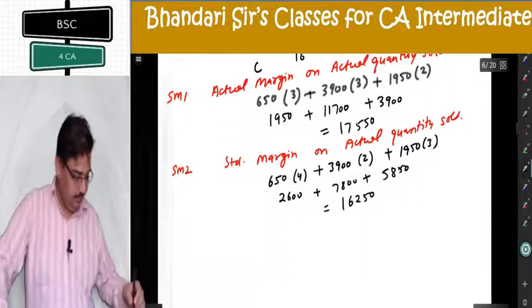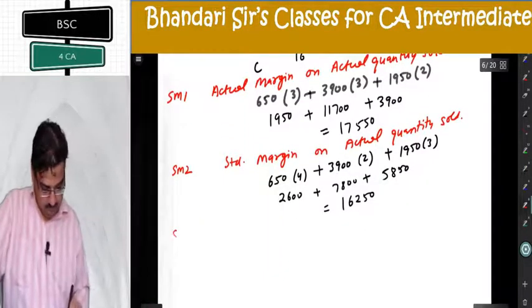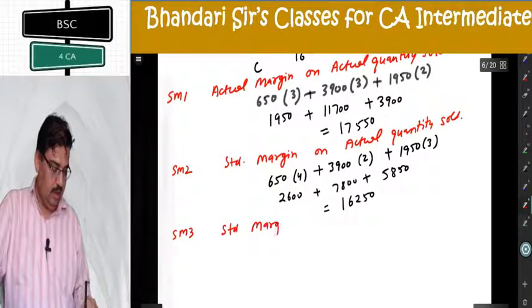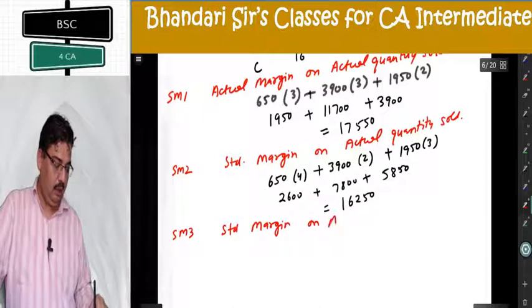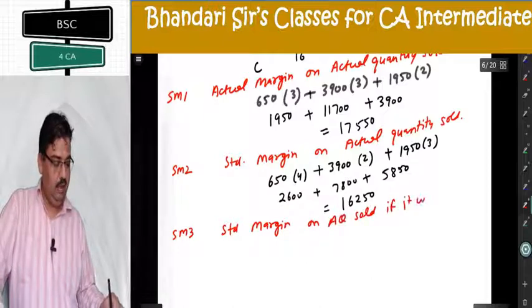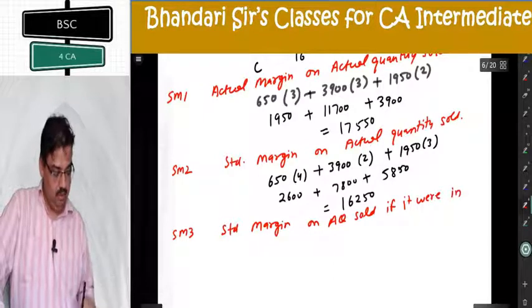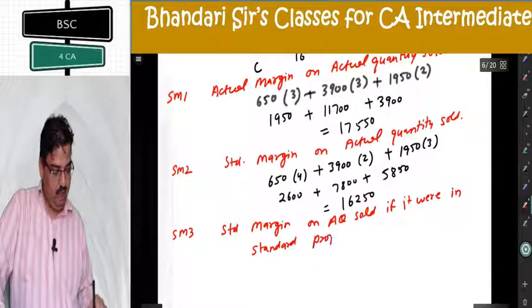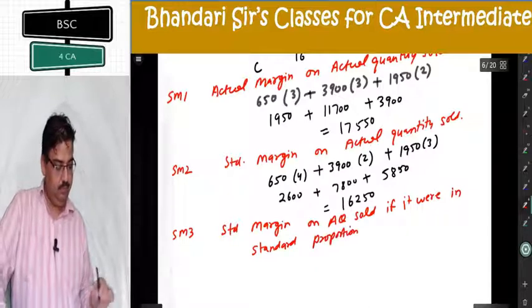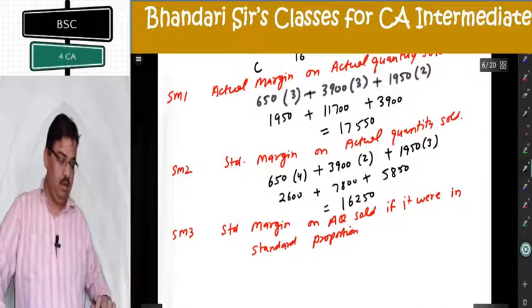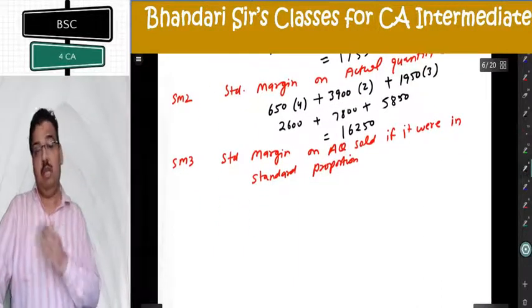Now SM3. Standard margin on actual quantity sold if it were in standard proportion. Same sub-steps as we did earlier. Standard sale mix quantity will be same as we computed there.